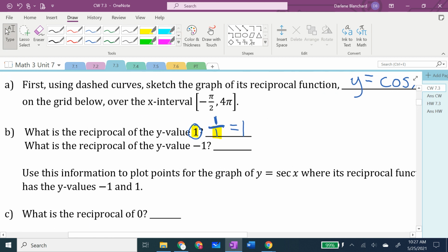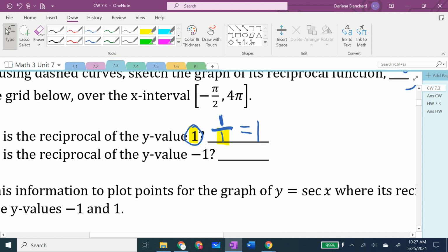Now, what is the reciprocal of negative 1? And you say, almost too simple, negative 1. Now look at that, that's the same number.